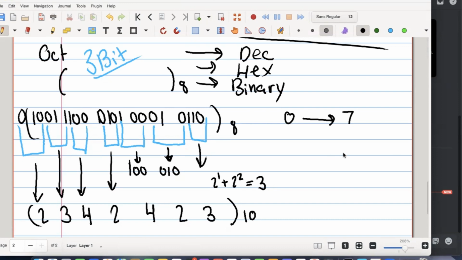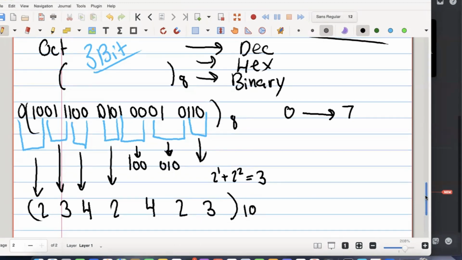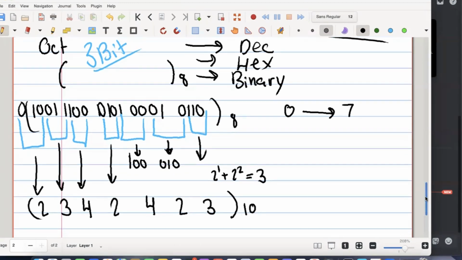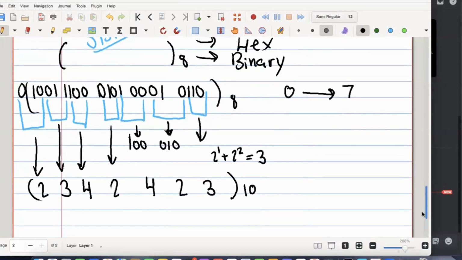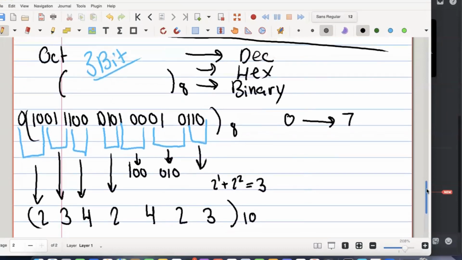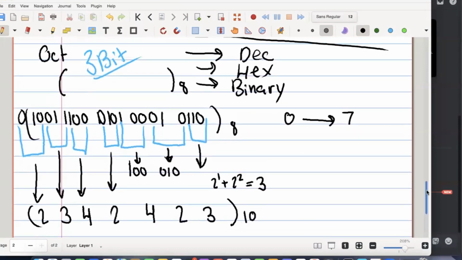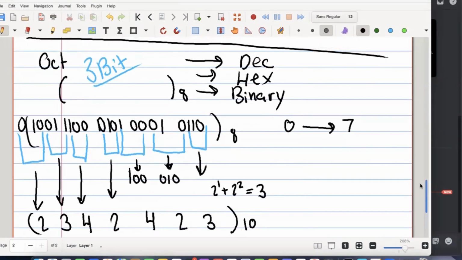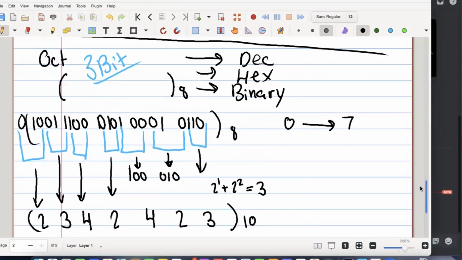Okay. Any questions? I kind of went fast. It's really easy. But the thing is, look, now we have decimal. We can work with the decimal to convert to binary. You know what I mean? All we have to do is divide by 2, and then we get the binary from the decimal. But let's say we wanted to convert to hex now.